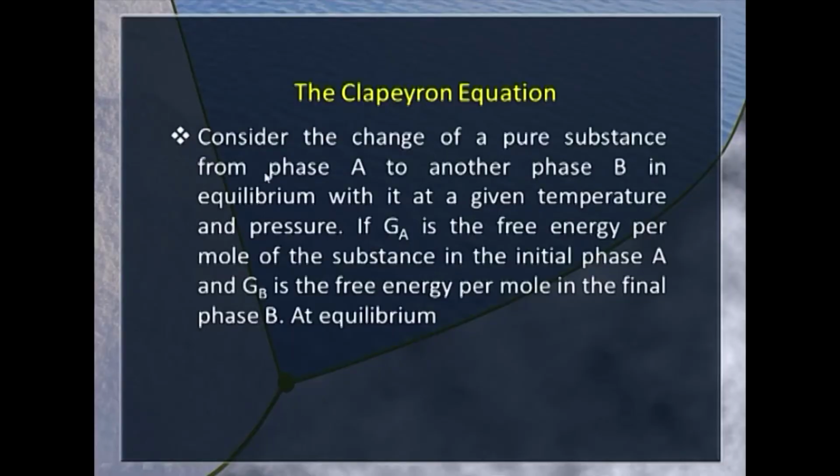How to derive this Clapeyron equation? Suppose we have a pure substance in phase A, and there is the same substance in phase B at a given temperature and pressure.